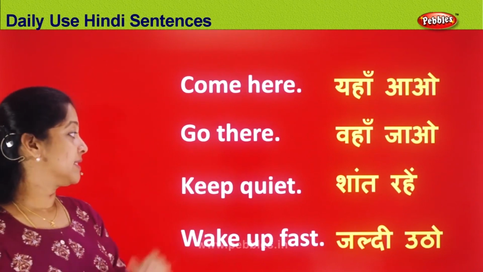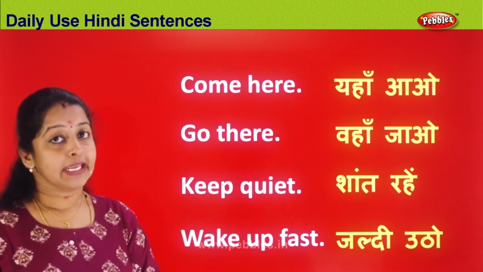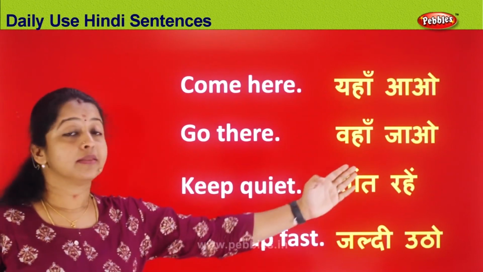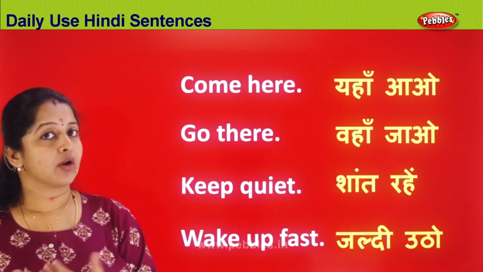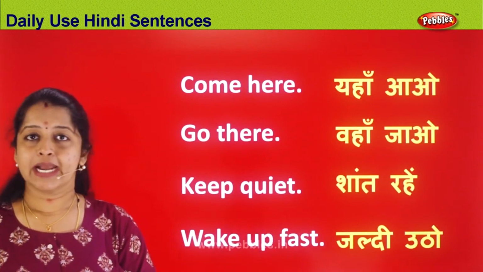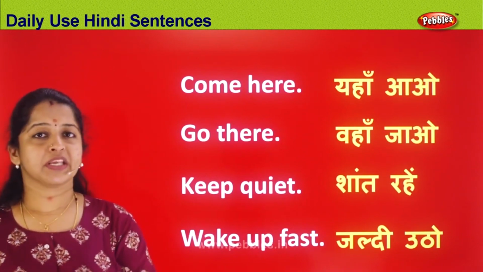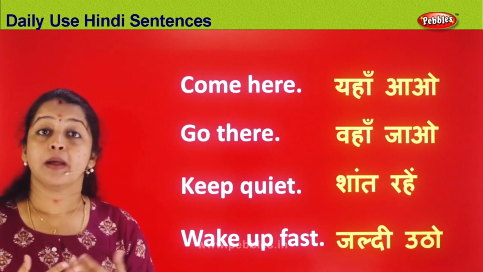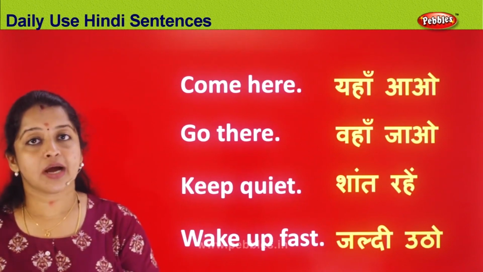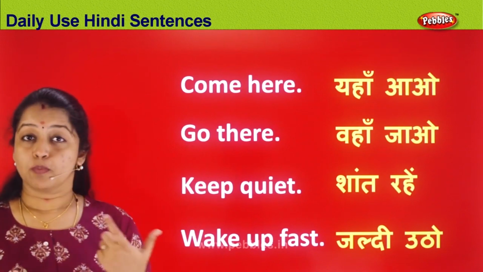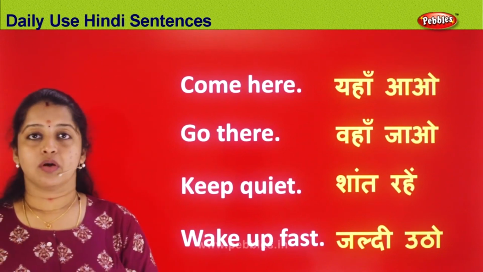Alright, next, keep quiet can be said as Shant rahe. So you can call out the person's name and say, for example, if you want to say children, keep quiet, you can say bachcho shant rahe. So bachcho stands for children or kids.